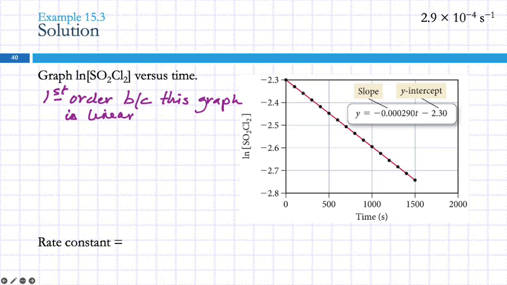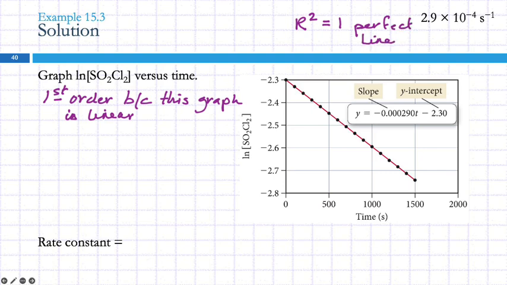The data is not always so pretty, right? How can we tell if it's a line or not? Well, there's something called the correlation coefficient, R squared, that the computer that you're using to generate this will also give to you. And R squared is equal to 1 for a perfect line.